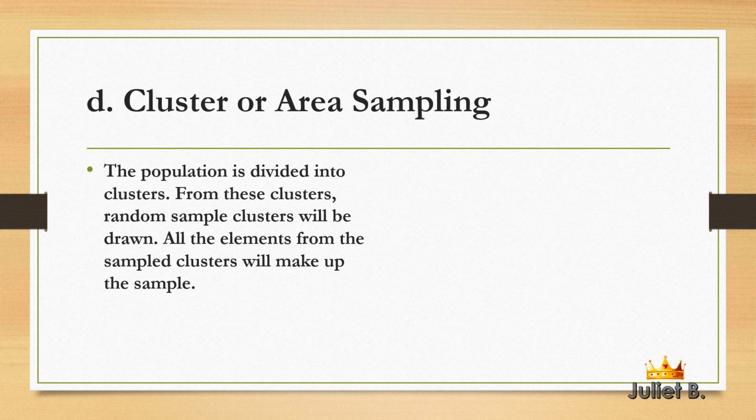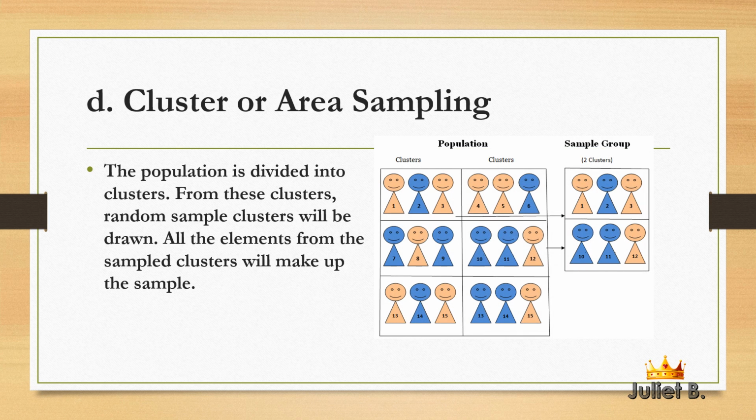Ito naman, igugrupo, ika-cluster. Kunyari, sa isang population mo, yung population dinivide sa 6 na grupo. 1, 2, 3, 4, 5, tsaka 6. Igrinupo sila.